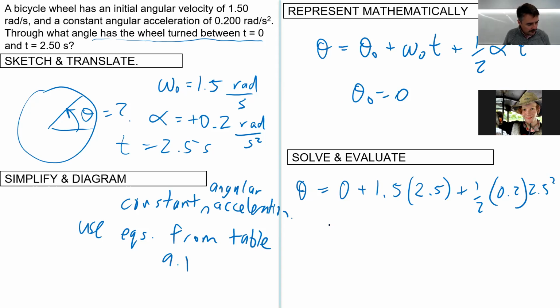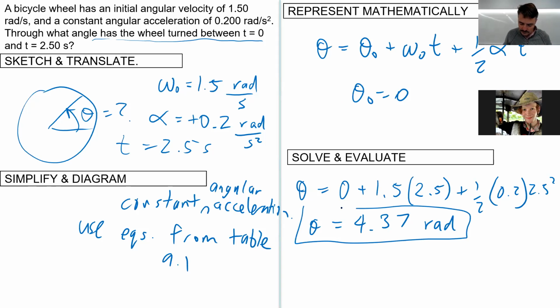And plug all that in, and I got 4.37 radians.